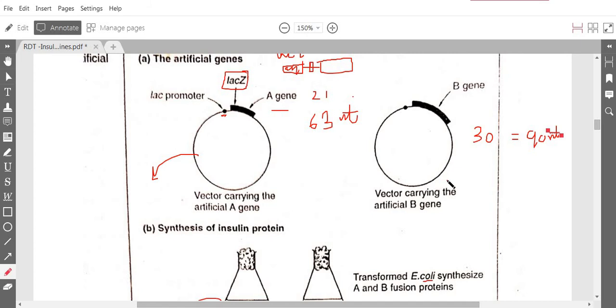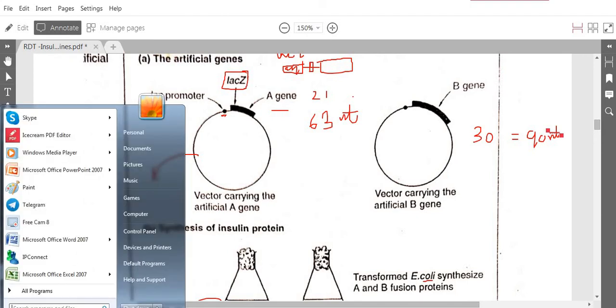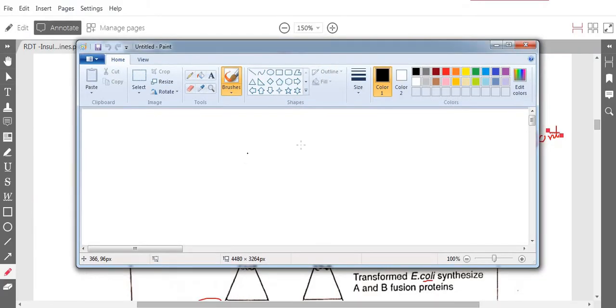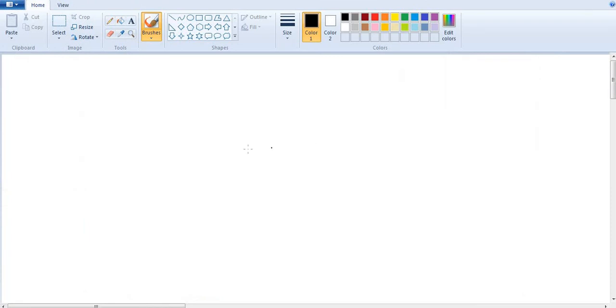because any plasmid DNA, like pBR322, can take up to 4 kilobase pairs of DNA or maybe up to 6 kilobase pairs. So 4 kilobase pairs means 4000 base pairs, which is a very large segment compared to this section. So one can think that I can construct some vector, say a vector like pBR322, which contains the lac promoter here.